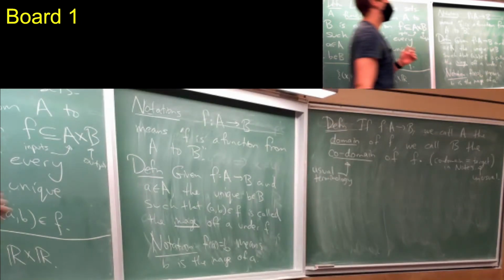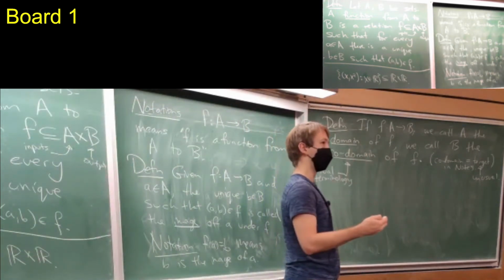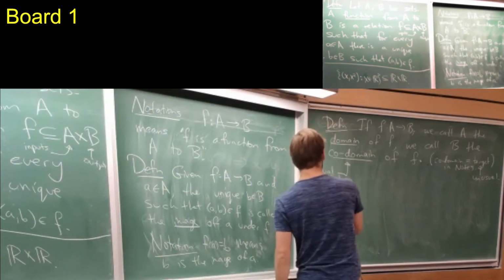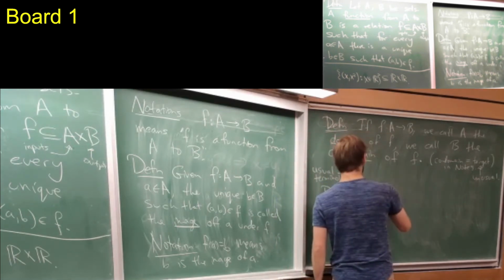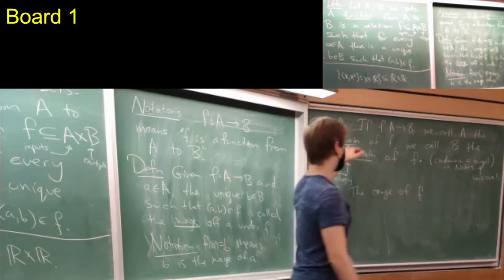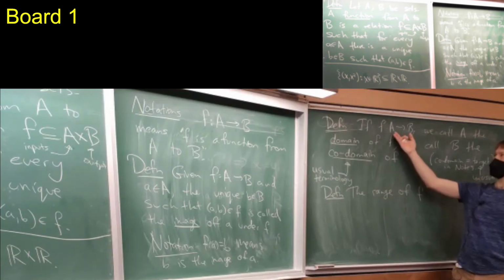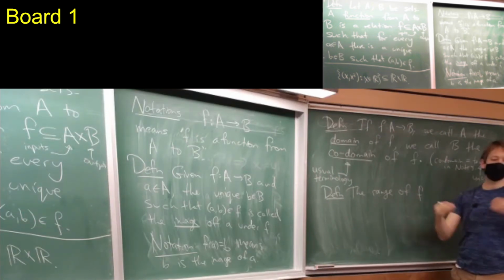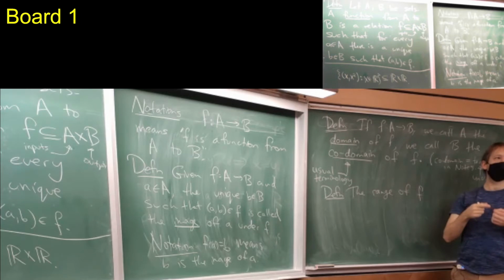You may have also heard of something called the range of a function, which also makes sense. The thing about the domain and codomain is that when I specify a function, everything in the codomain doesn't have to be the image of something in the domain.